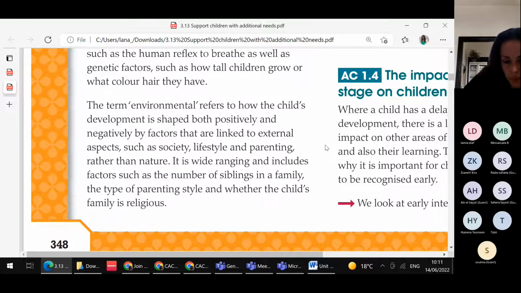The way the family treats the child, the siblings, the parenting style, the family religion, all of these could affect the child's development.